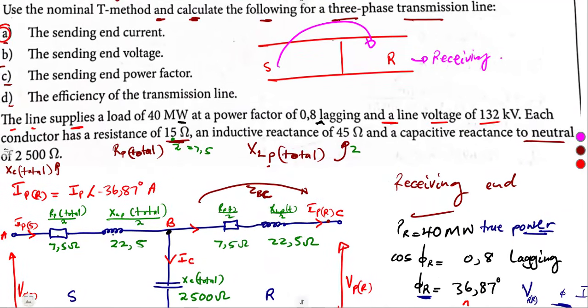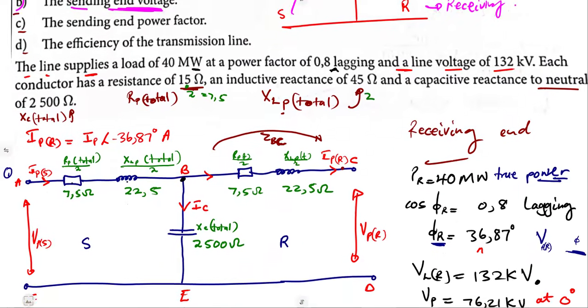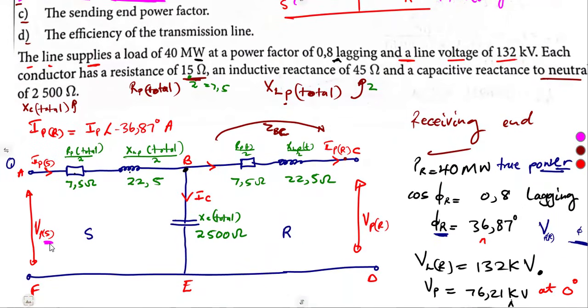We're not done. Move on to B, which is the sending end voltage now. We are dealing with the sending end voltage. Like I said, you calculate the phase value, then you convert that one to the line value in your final answer. When dealing with voltages, you must convert your final answers to line values.